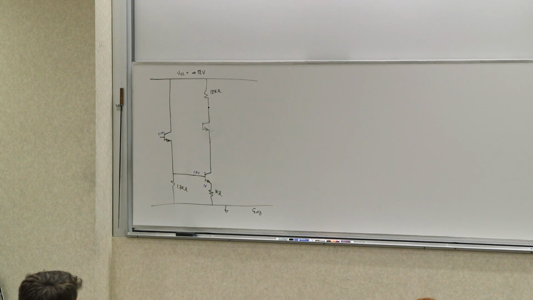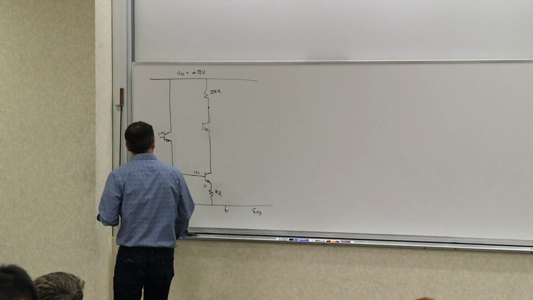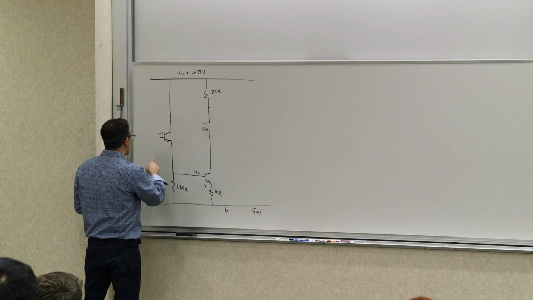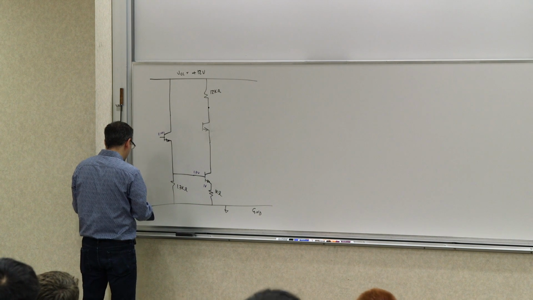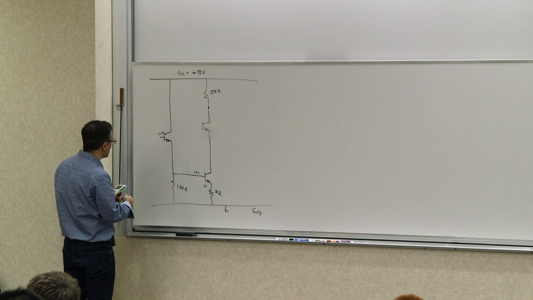So it's 12, let's say. So we can get 2.4 volts. So let's say I want to make it out of a resistive divider that has a certain sum.